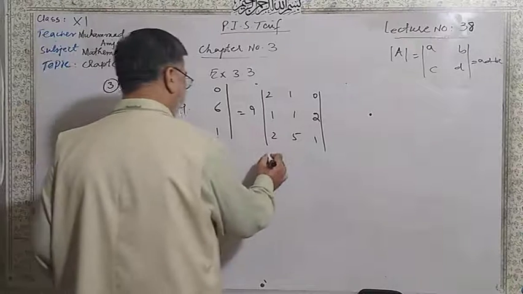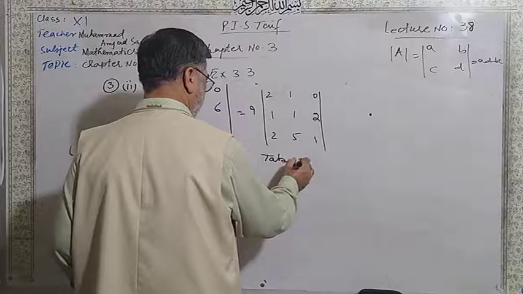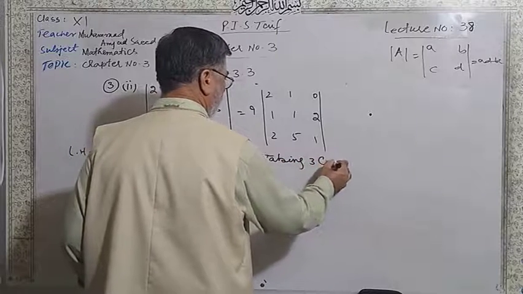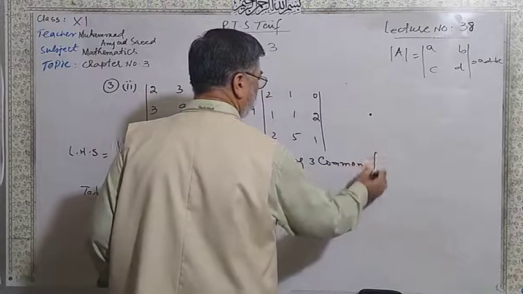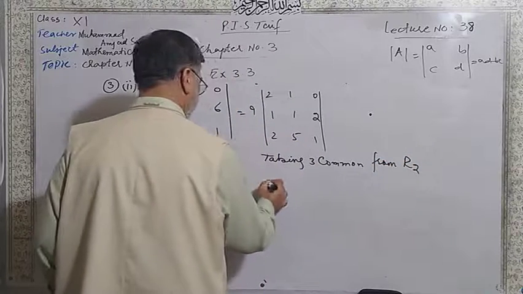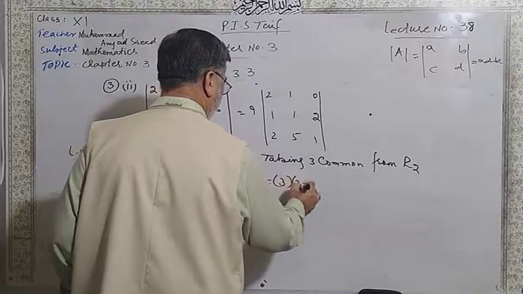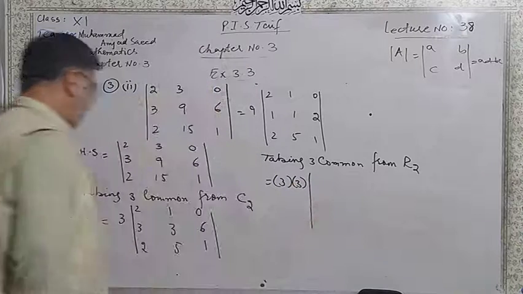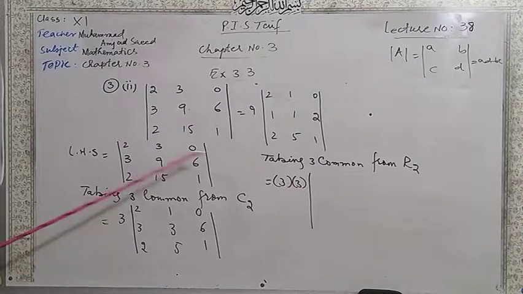Again, taking 3 common from R2. That will be 3 into 3. Remember that this is the first 3.